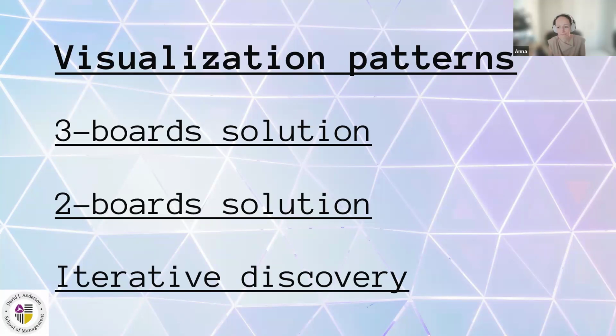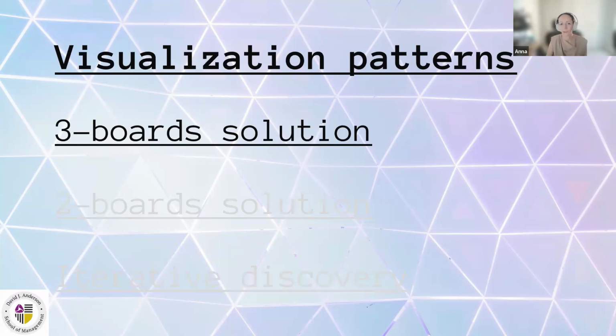So basically, we can find these patterns repeating over and over again. We found three main patterns for visualization, and we call them the three-board solution, the two-board solution, and iterative discovery. I will start with the one that I have seen, I believe, the most often, which is the three-board solution.